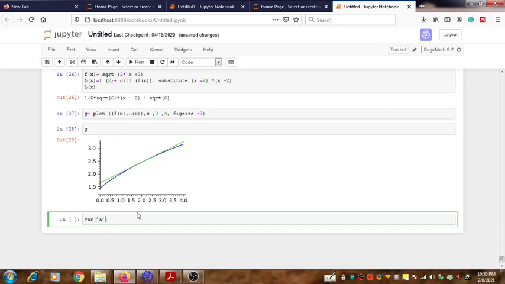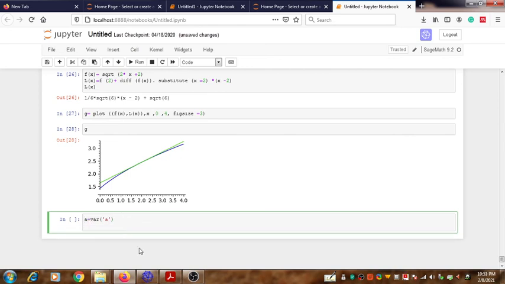See A, quotation A, then quotation mark. We have defined A, or you can define A equal to variable A. That way also you can define it.